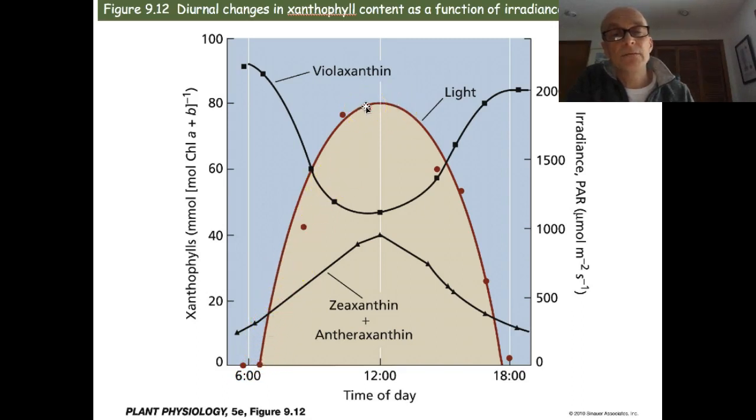In bright daylight, we have about 2,000 micro-Einsteins or micromoles per square meter per second. So this is a very sunny day here. It's about 2,000. And then at 6 o'clock, the sun sets in this particular experiment. But the point that I'm trying to make is that we're starting with a pool of zeaxanthin that can be used in photoinhibition. And you see how it dips during the day.